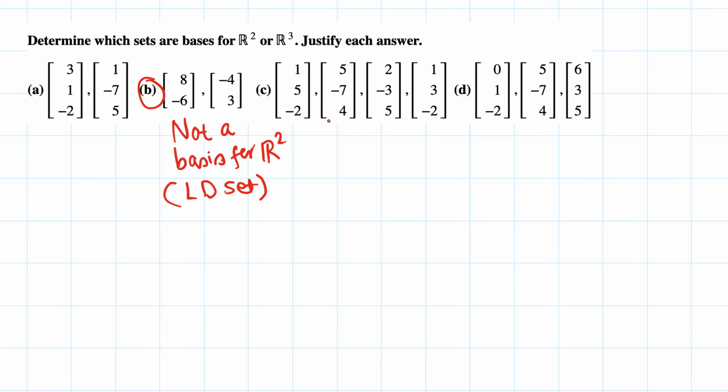And C: three components means the vectors come from R3, but there are 4 vectors. The number of vectors in this set is more than the number of entries, so this is a linearly dependent set. So not a basis.